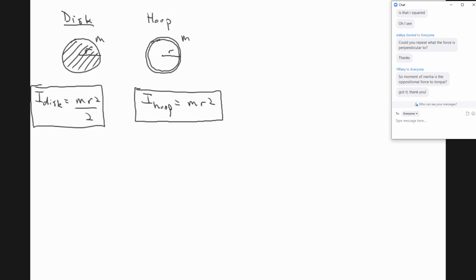Okay, so now the next thing we need to know is the sign convention associated with your moments of inertia. There's such a thing as positive torque and negative torque. So realistically, torque is the cross product of force and the lever arm.